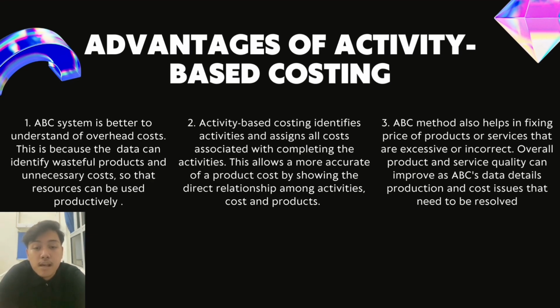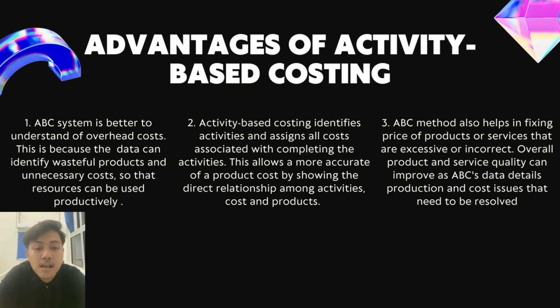Number 2. Activity-based costing identifies activities and assigns all costs associated with completing the activities. This allows a more accurate product cost by showing the direct relationship among activities, costs, and products.